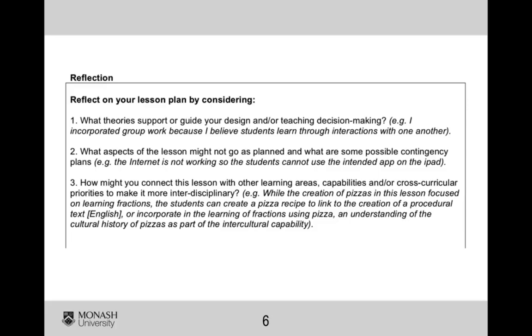This is really to get you to think about, because part of lesson planning is making you explicitly think about the decisions you make. Everyone has this comment that nobody really writes lesson plans once they're teaching, but they still go through those thinking processes. So this is getting you to explicitly think about why you made those decisions in regards to your teaching.